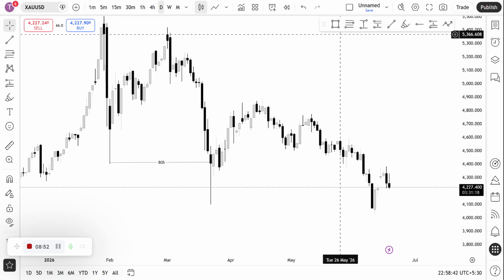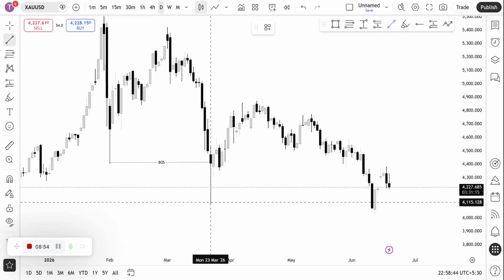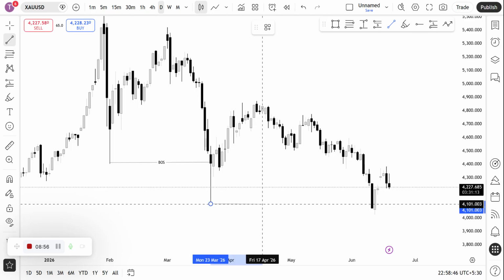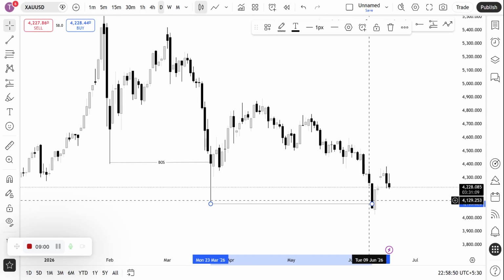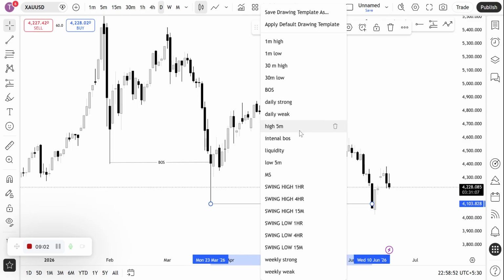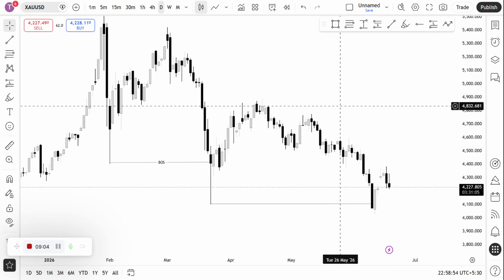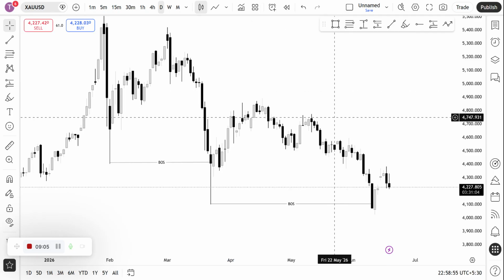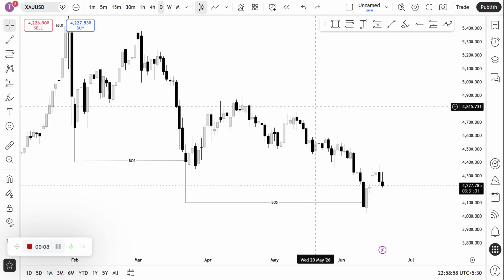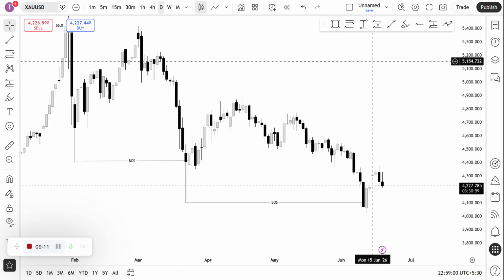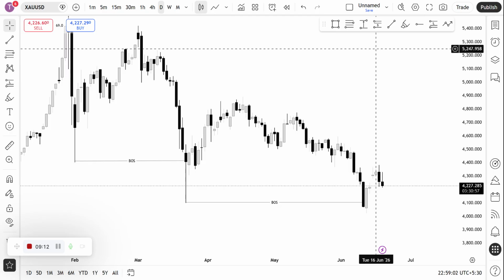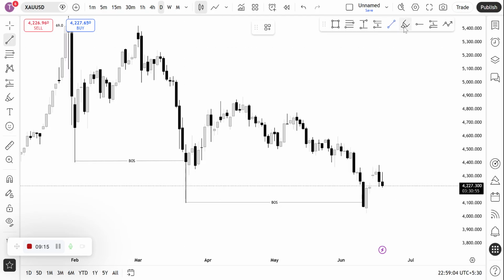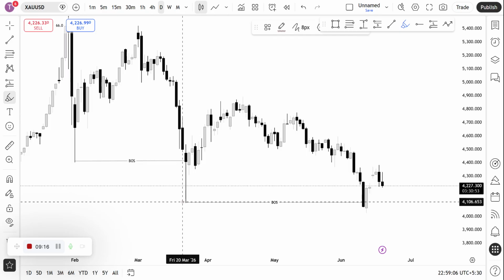So I mark it like this, and then this one is another breakout structure. This is the last breakout structure on my daily time frame. So I identify that this one is the breakout structure on the daily time frame. Then what am I doing? I'm going to mark the highest point that causes the market to break the structure. As you can see, the market came back here.